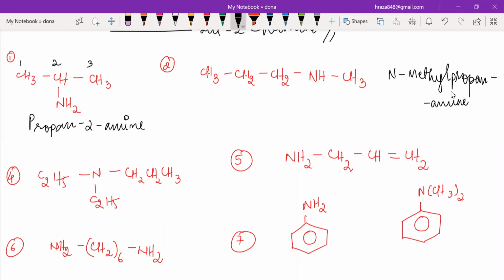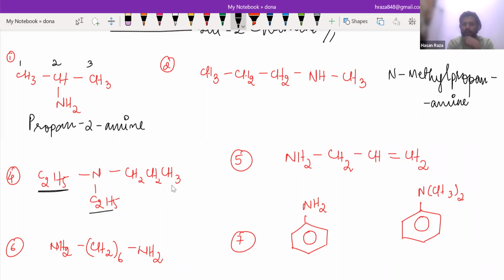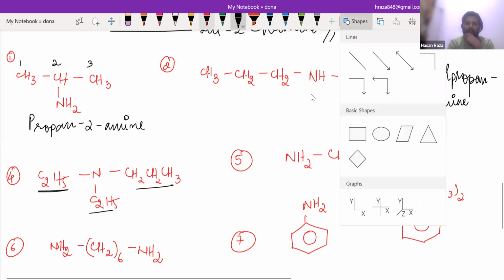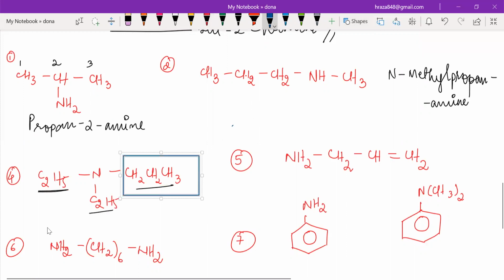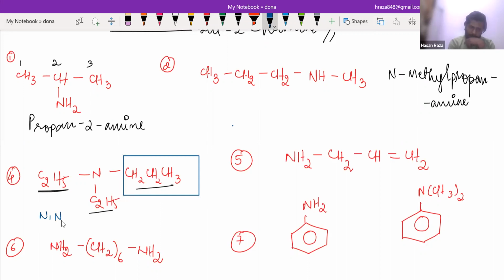Which is the third one? Are you able to solve it? Yes or no? This is your C2H5. 2 carbon, 2 carbon, 3 carbon. That means this is your parent chain. Yes or no? Yes. So this is 1, this is 2, this is 3. The substituent contains 2 carbon, so its name will be N comma N, both are the same, so we are going to write it together.